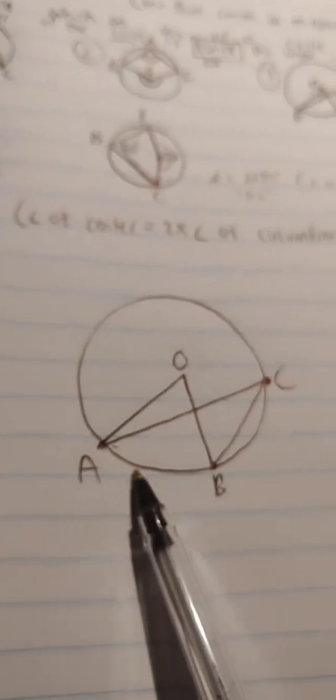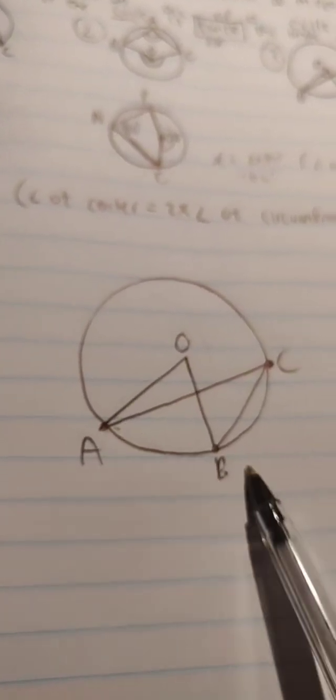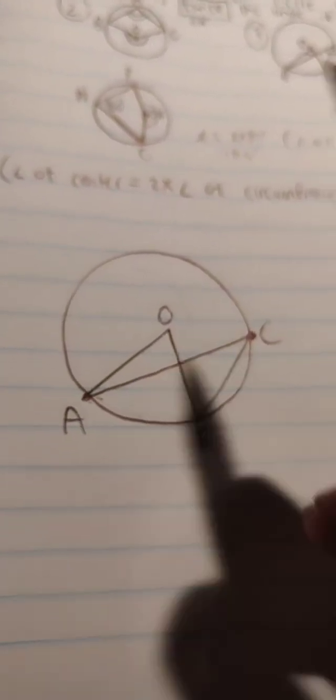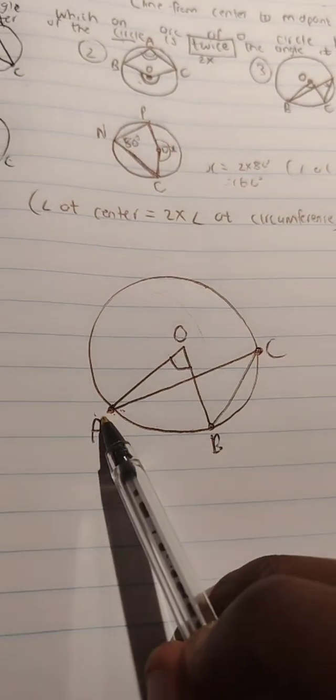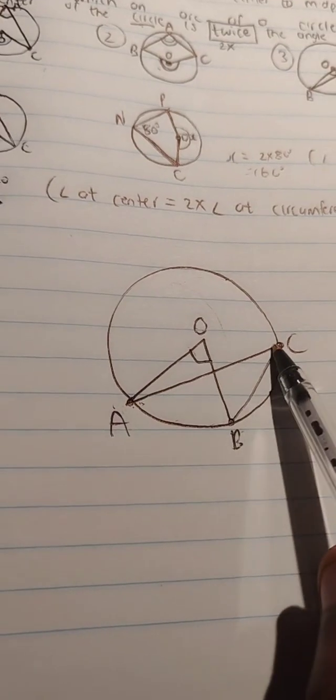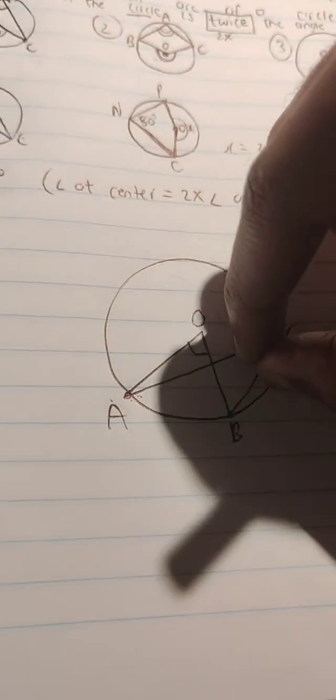Does that make sense? So arc CA is out. Arc AB is the only one in the game. A and B both point towards this angle at the center. The same arc AB, look at it, we go here to see the angle at the circumference.